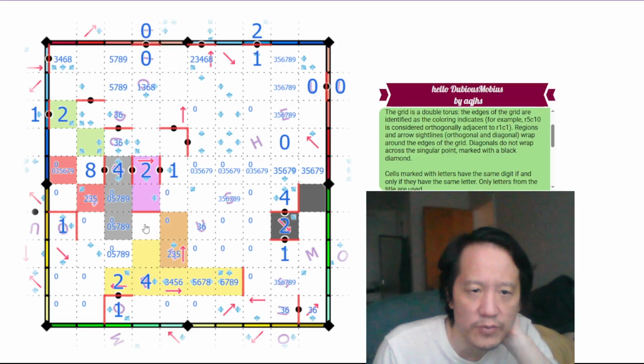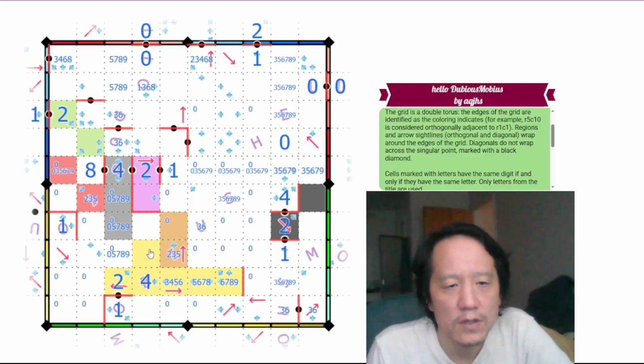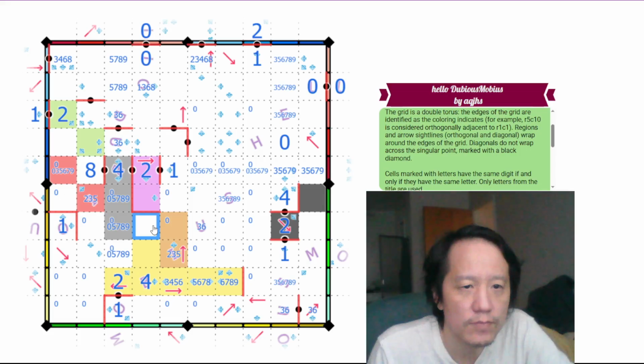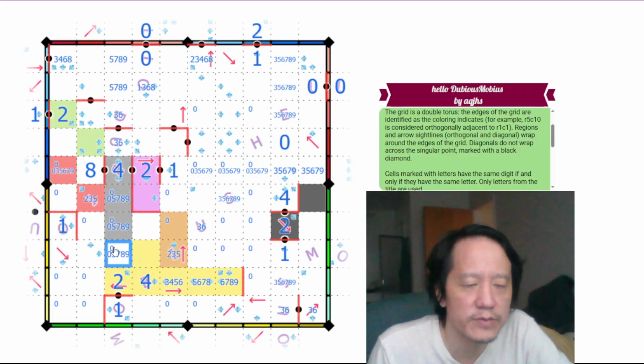So that's a border. Well, it could be 6 if it goes, okay, that way. Including itself. 1, 2, 3, it could be 4.